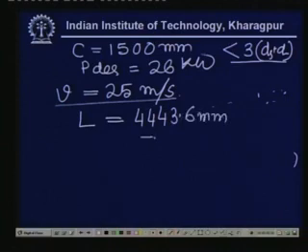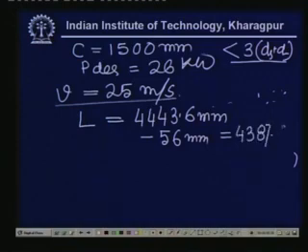Reduce it by 56 mm from the standard chart that you have seen. So this comes out to be around 4387.6.